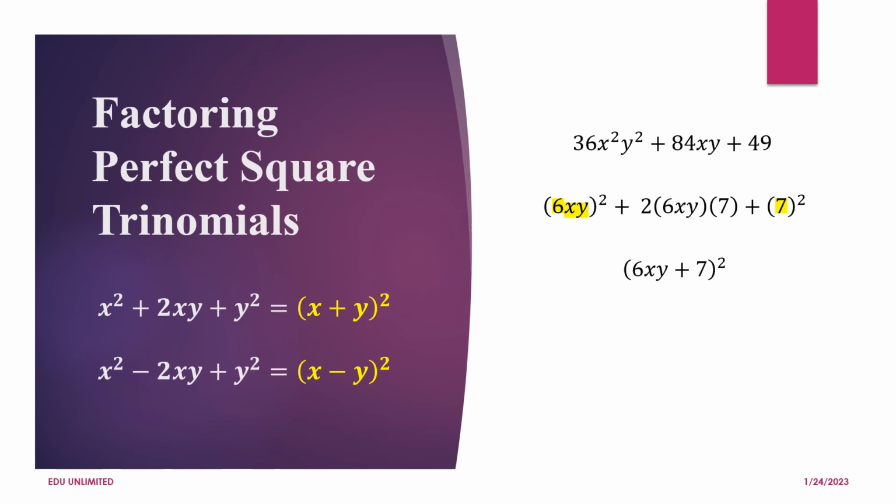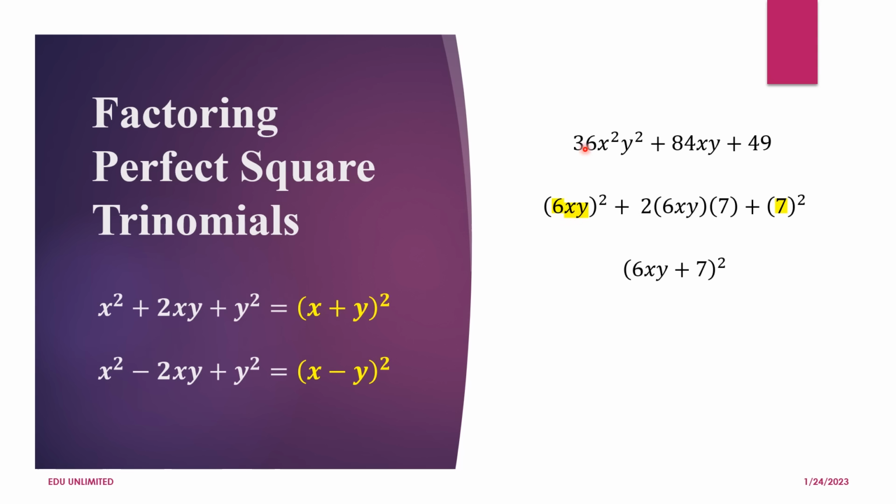As we continue to factor using perfect square trinomials, let us look at this expression here that reads 36x squared y squared plus 84xy plus 49. We can factor this by looking at the first format here, where the square root of 36x squared y squared must be 6xy.